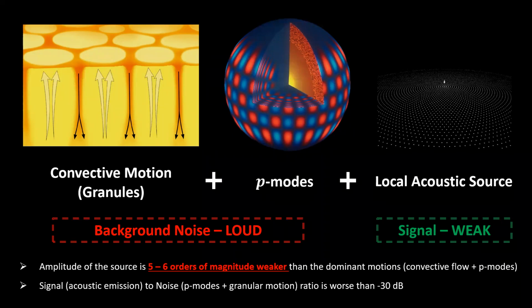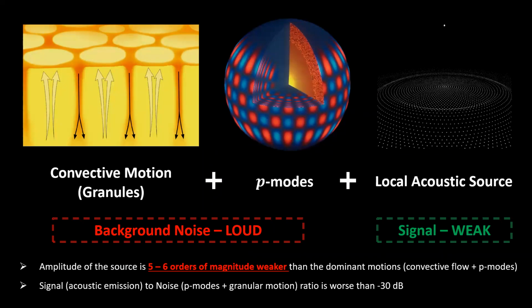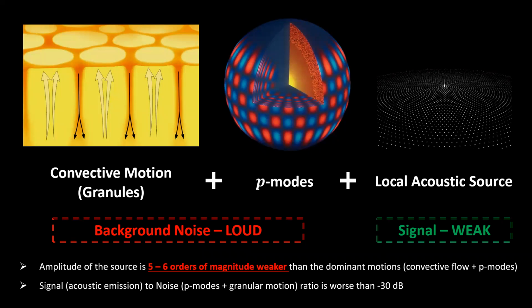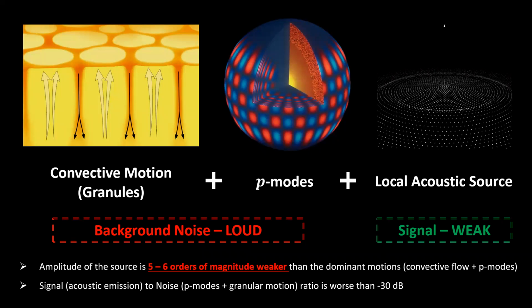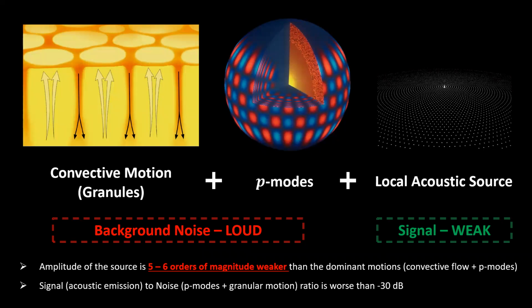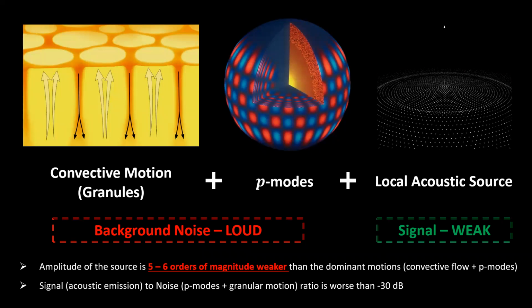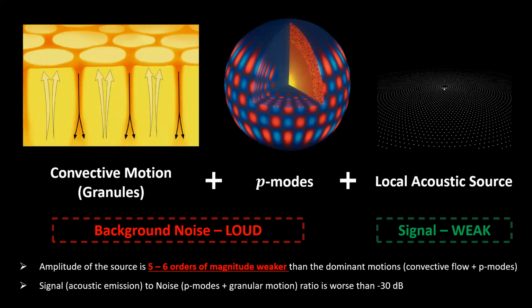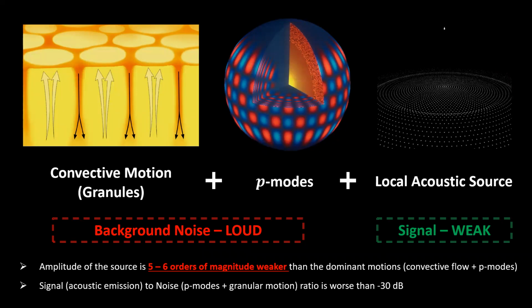If you blindly filter out all the P modes, you will lose significant power from the local acoustic sources as well. And so it has been pretty difficult to disentangle your local acoustic sources from the background noise.